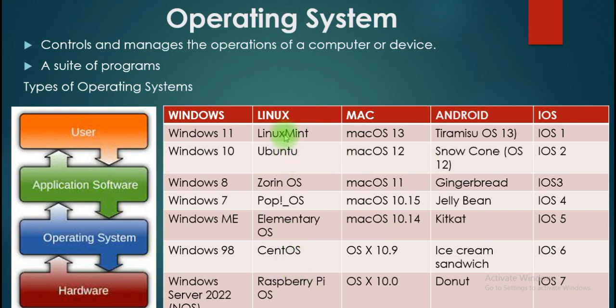There are literally hundreds of different distributions of the Linux operating system. There's also an operating system for the Apple Mac systems. Also, Android and iPhones have their own operating system.